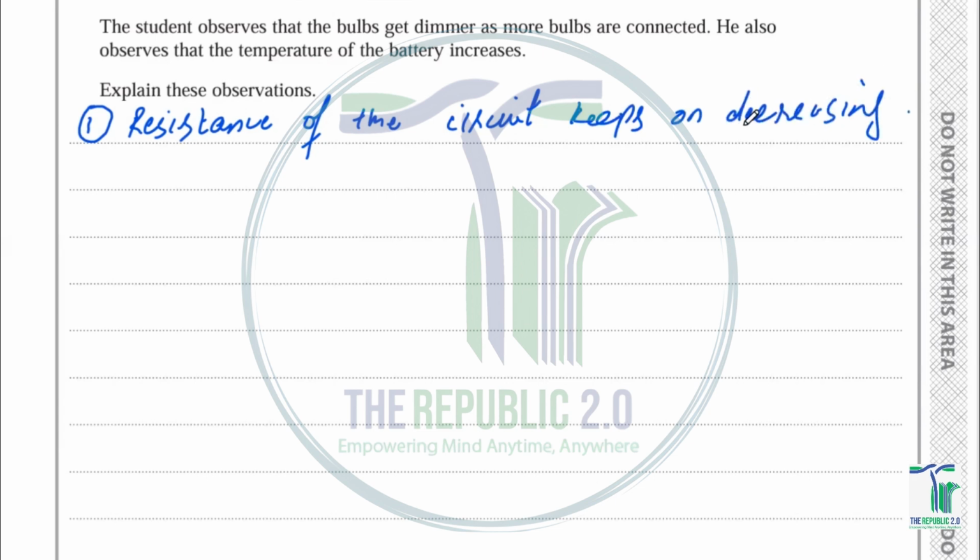That is point number one. And the second thing, as the resistance decreases, what does that mean? That the current in the battery increases, because resistance is the opposition to the flow of current. If it is decreasing, what does that mean? The current in the battery keeps on increasing.